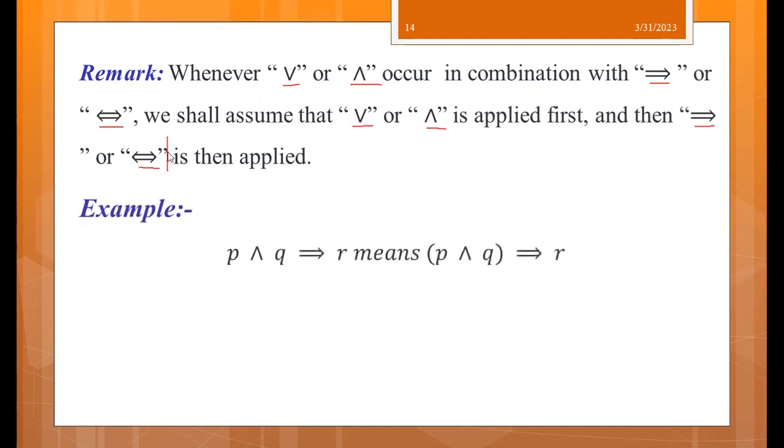As an example, if we have a compound statement of this form, P or R implies P and Q implies R, this means, because the conjunction is combined with implication, we must first find the truth value for the logical conjunction.